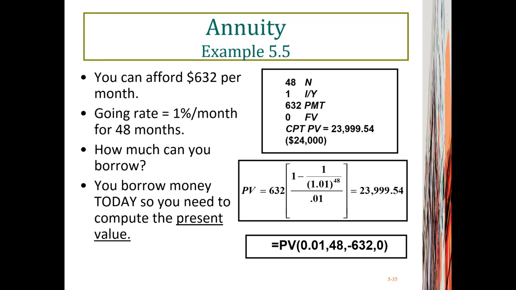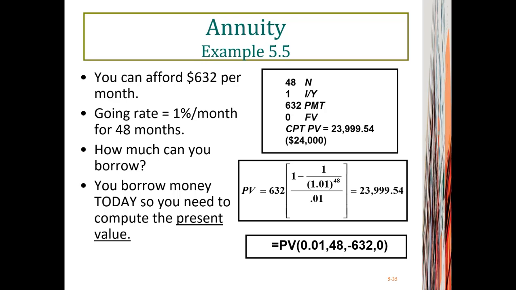So here it asks you, how much can you borrow? If you can afford to pay $632 each month for the next 48 months, or 4 years, then how much can you borrow?